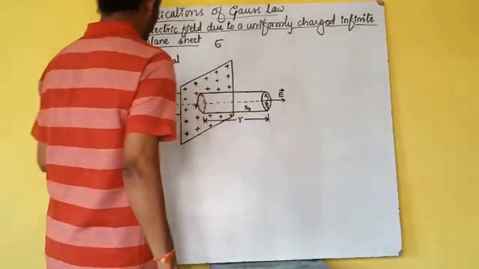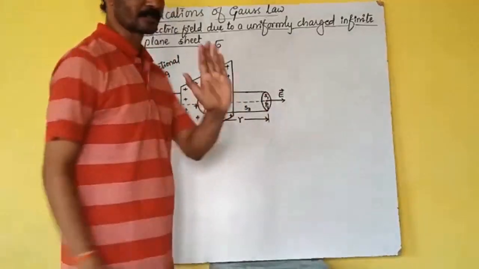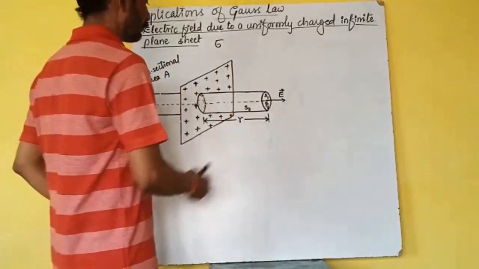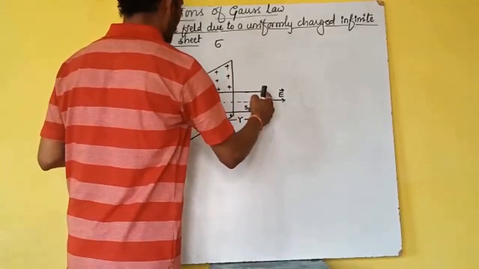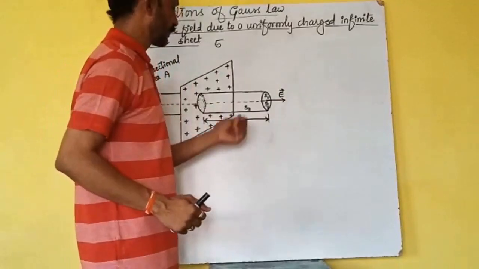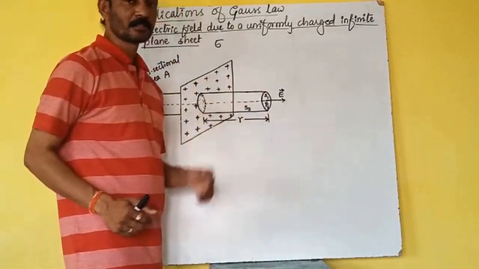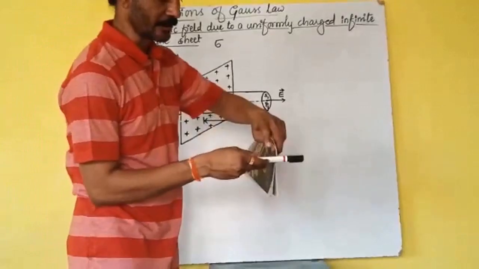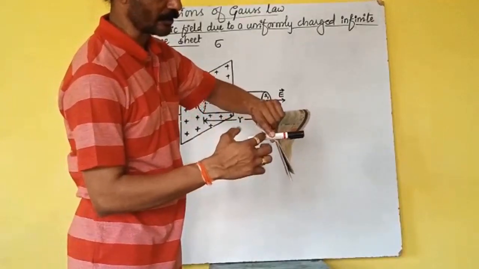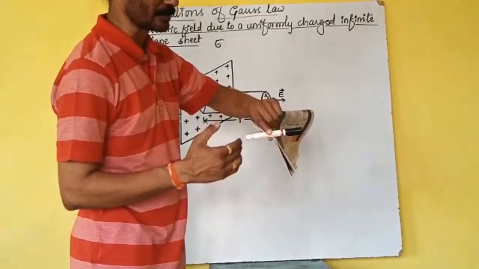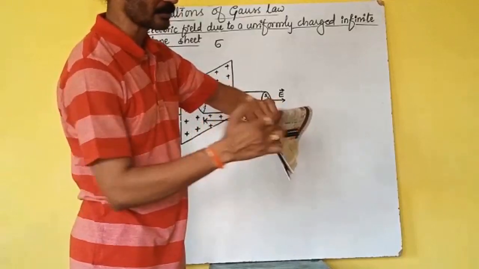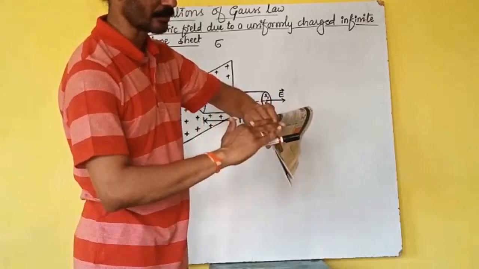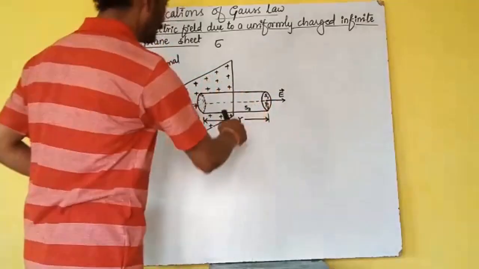This cylindrical Gaussian surface consists of three surfaces: two plane surfaces S1 and S2, and the third one is a curved surface S3.